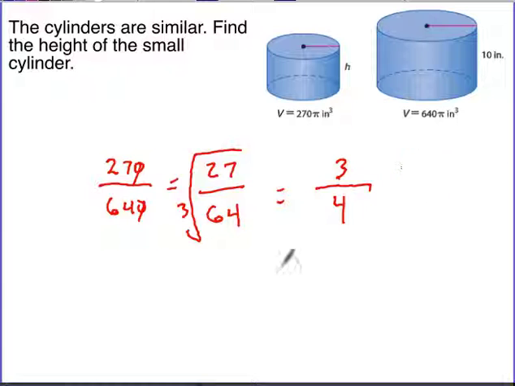So now we can set up a proportion. So we'll do 3 over 4 equals, where does the h go, on top or bottom? It's got to go on top since it's the smaller one. H over 10. Now we can use the fish method. 10 times 3 divided by 4.